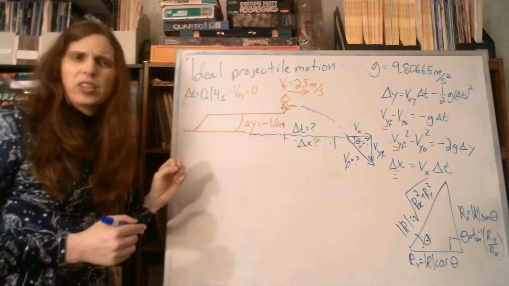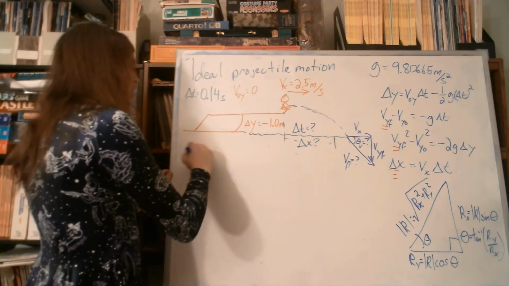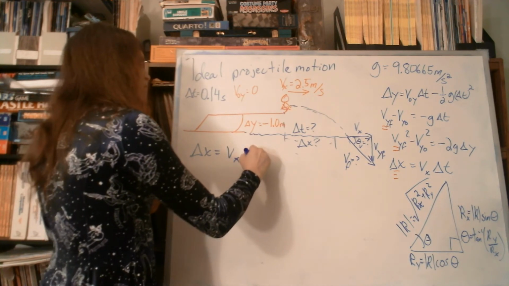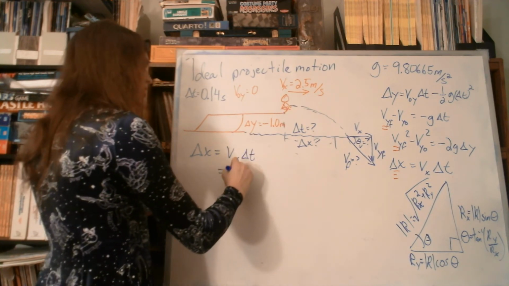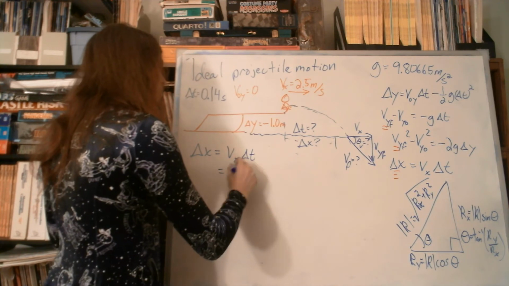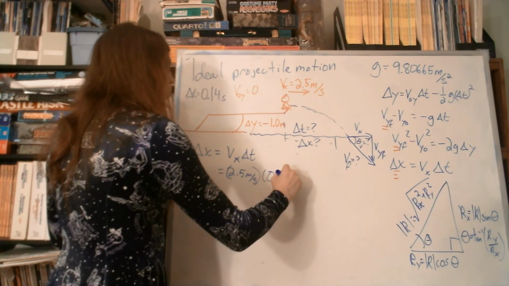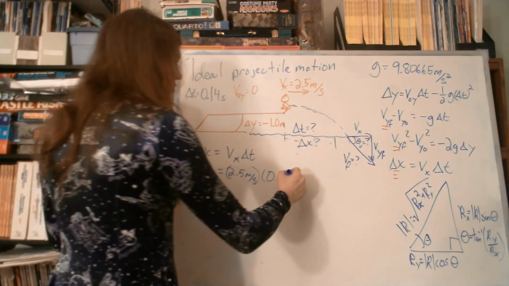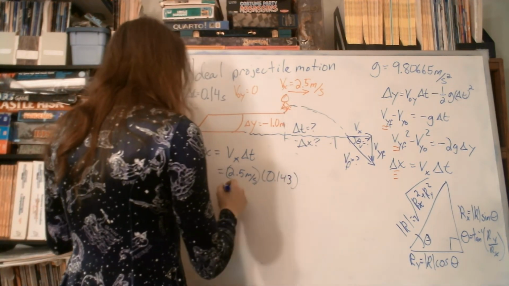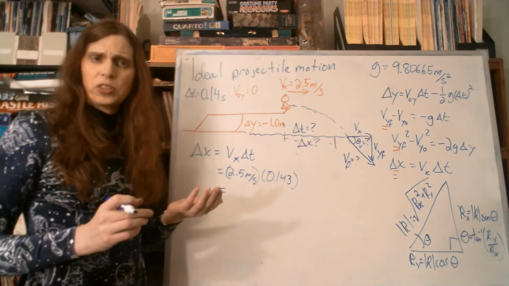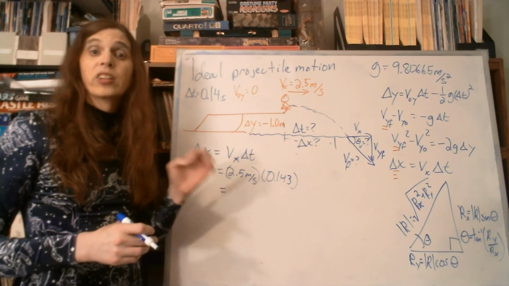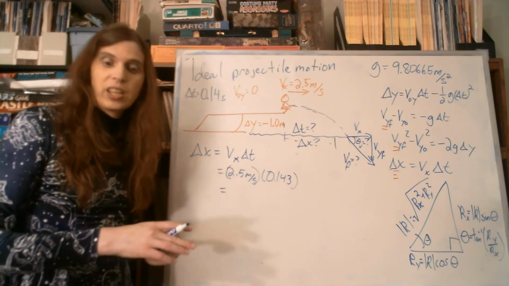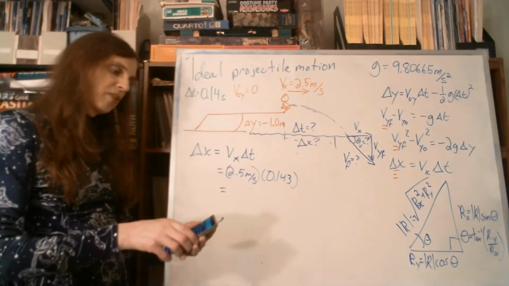But first, let's find the horizontal range. So that's change in position is Vx times change in time. So that's 2.5 meters per second times 0.14. Now I did actually save another couple digits there in my calculator, which is useful to do. Keep those extra significant digits for internal calculations and do the rounding after.